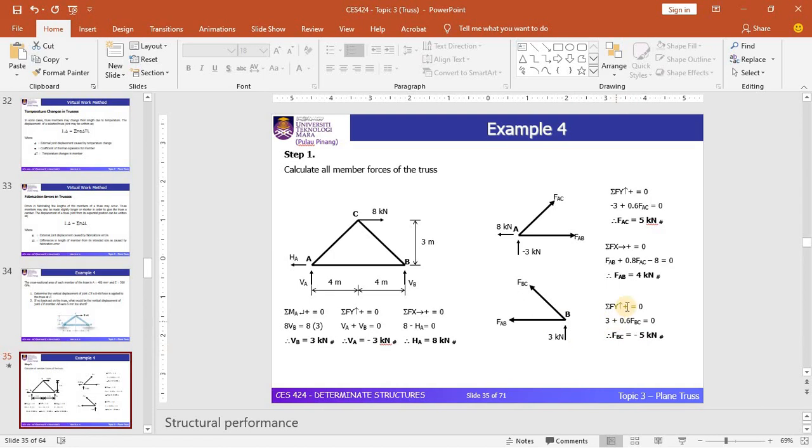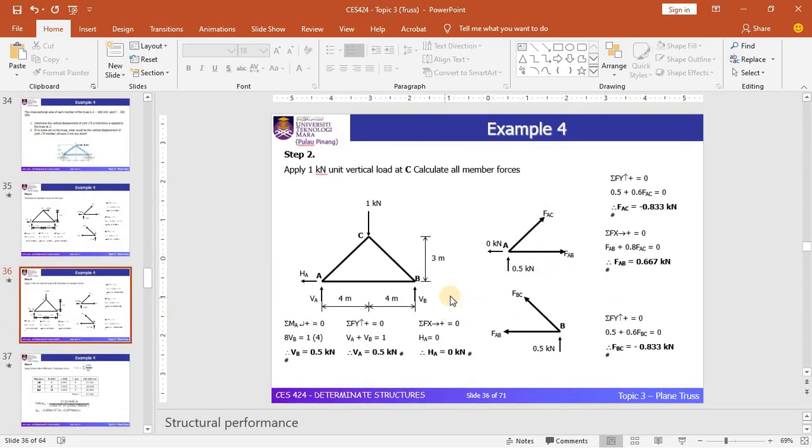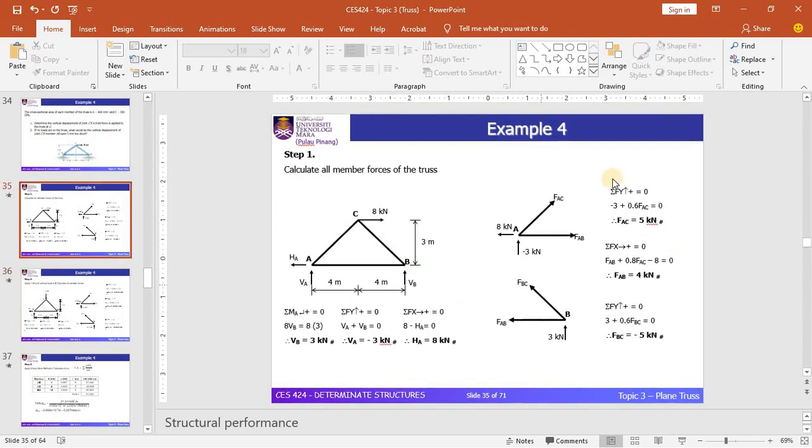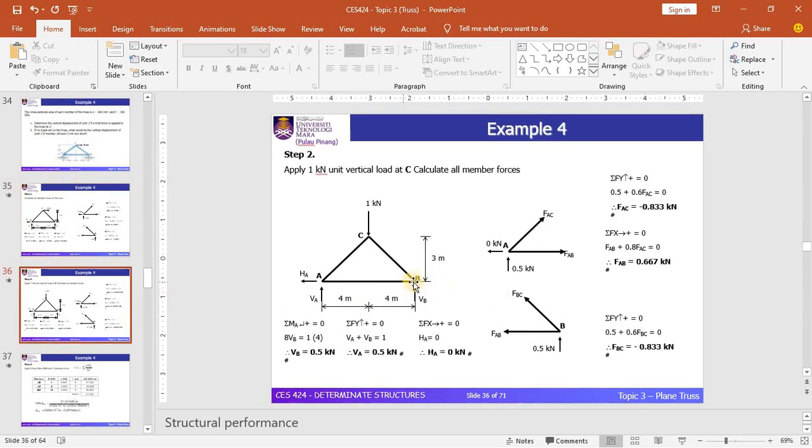Once you have determined all the internal forces based on the real diagram, you can proceed to find the internal forces based on the virtual diagram, which is referred to by the small n, while the real diagram is referred to by the capital N. For the small n, you need to apply a 1 unit load.